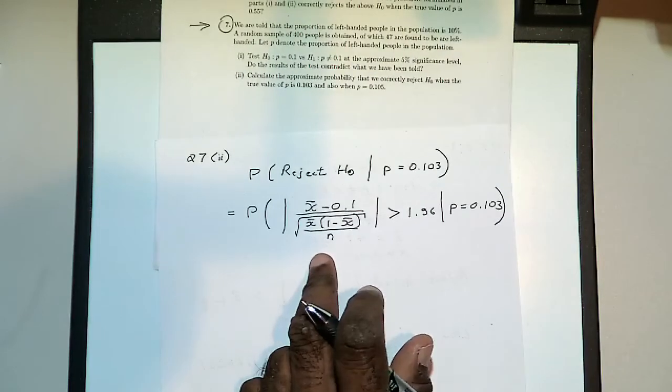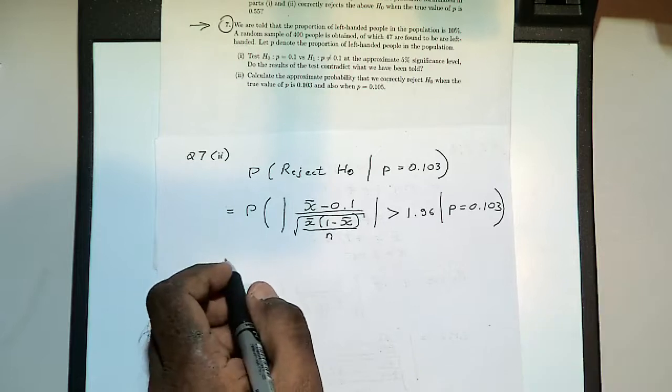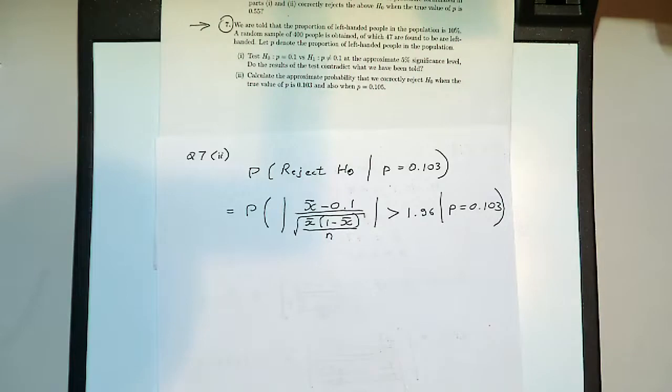Okay, this is the rejection rule that I had earlier. Now, in the next step, I'm going to remove the absolute sign. Do you know how to remove the absolute sign? You must have done this in your analysis or calculus courses.